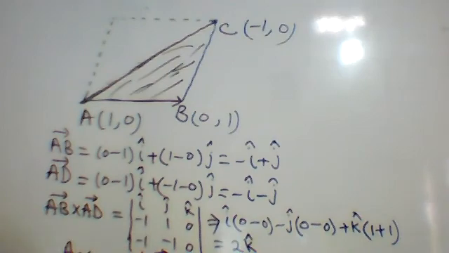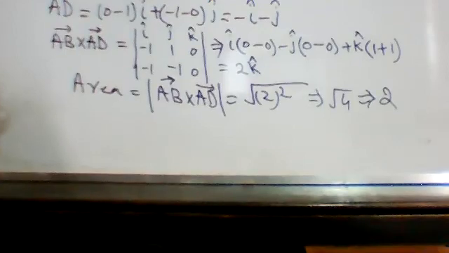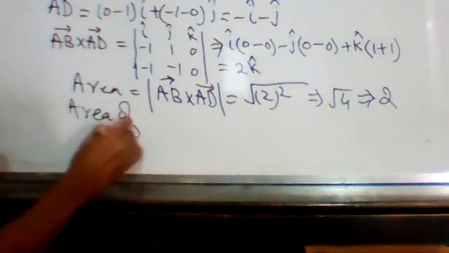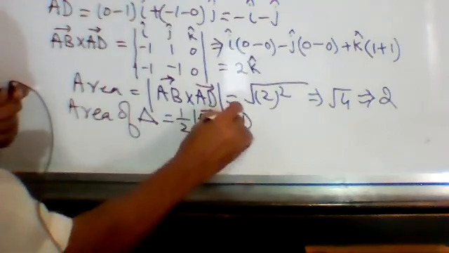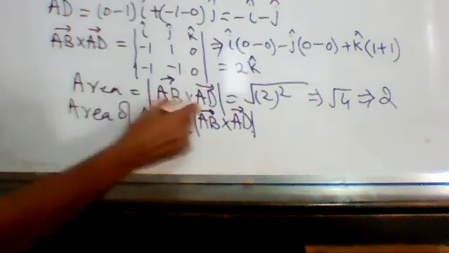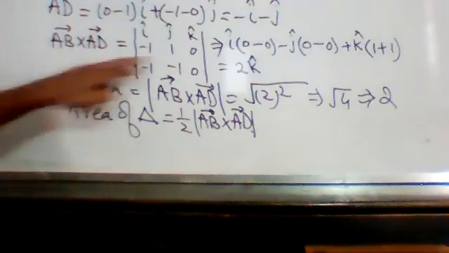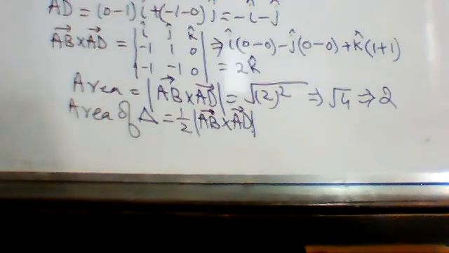The area of the triangle will be half of AB cross AD, half of 2, that is 1. The area of the triangle will be 1.